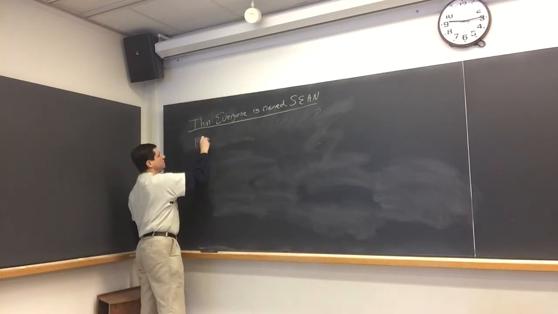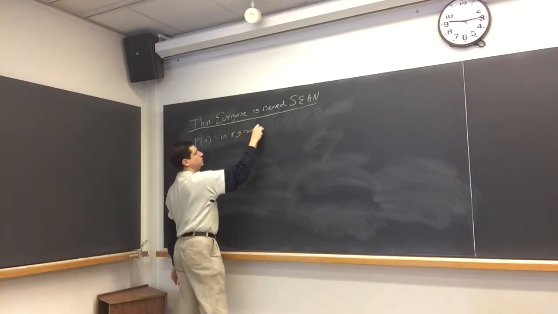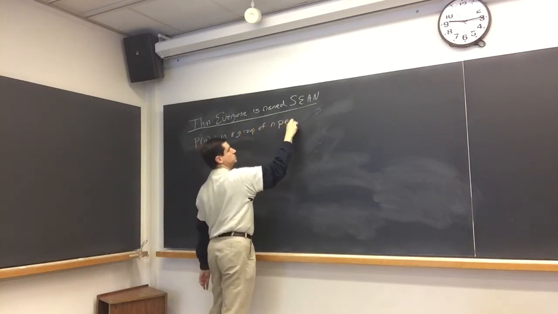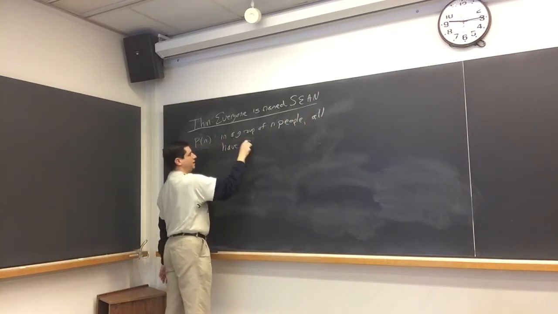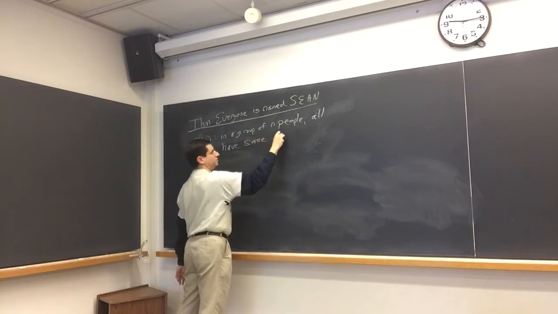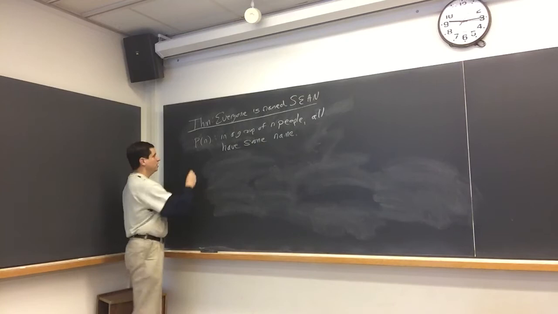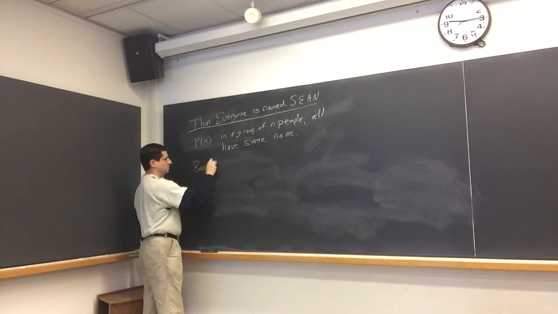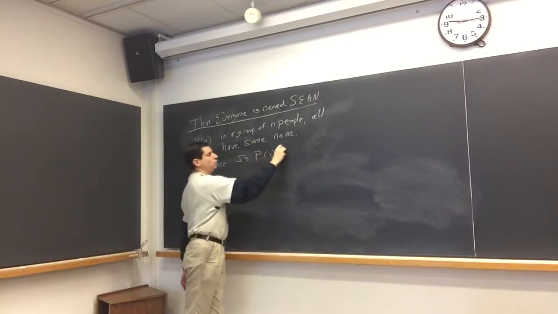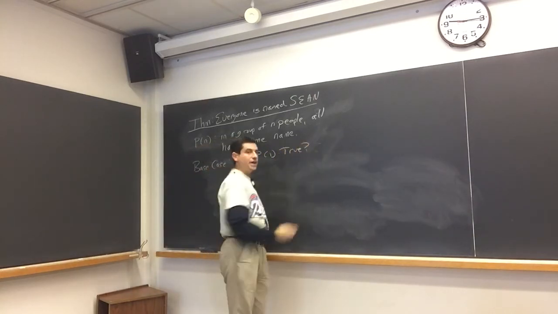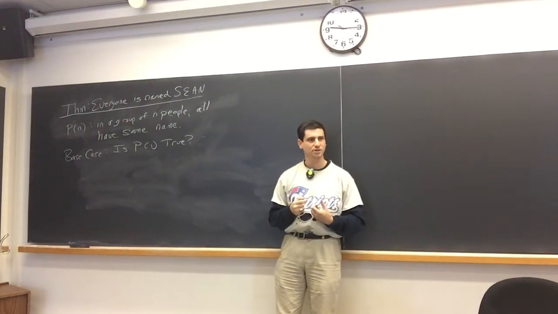So let P(n) be the statement: in a group of n people, all have the same name. Okay? So base case. Is P(1) true? If I have a group containing just one person, is everyone in that group sharing a name?